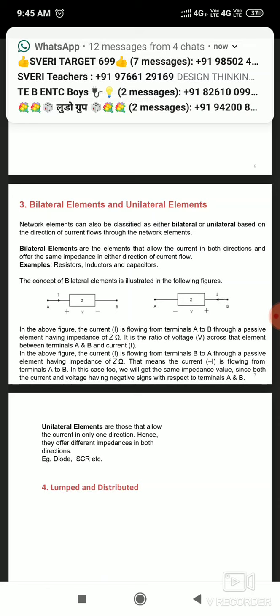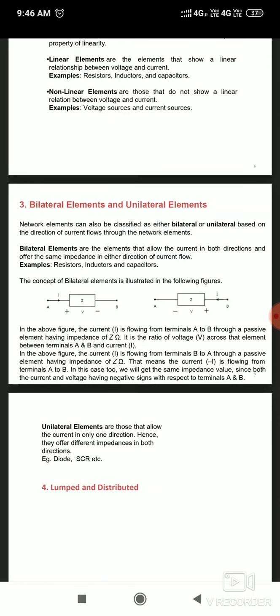Resistor example is given in the diagram. If the direction of current is changed, the same voltage will drop. Only polarity will change, but value remains the same, that is V equals I into R. Similarly for inductor and capacitor, the same thing happens. It allows current to flow in both directions.